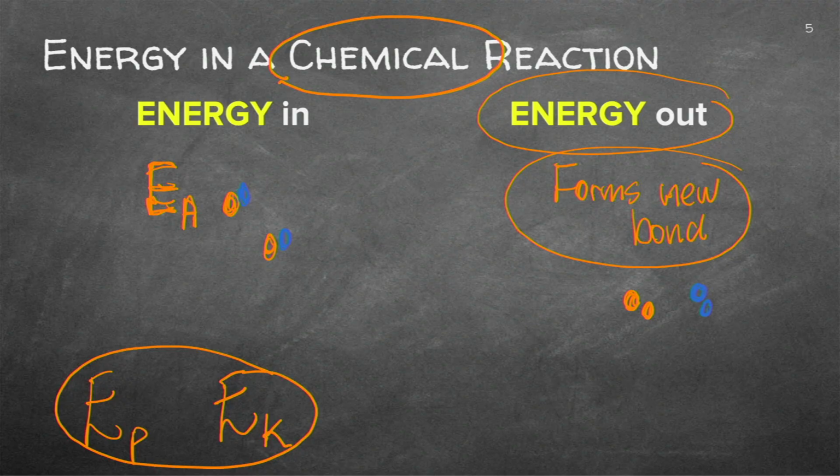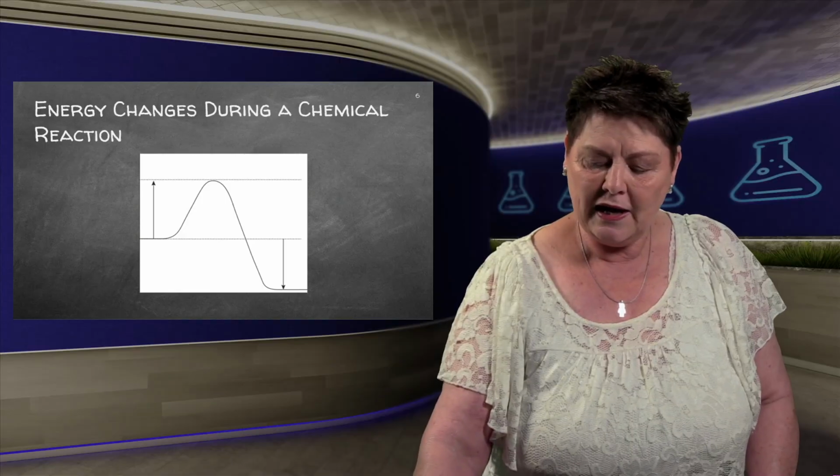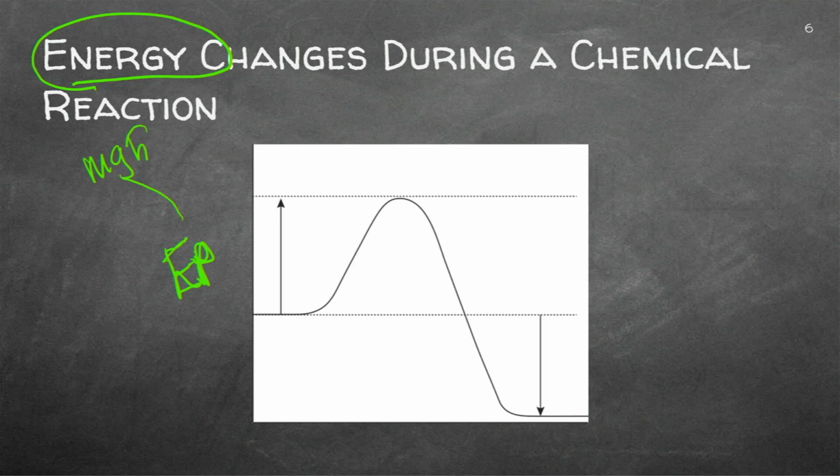So that's the product. Again, we've got a graph. We can do any graph if we know what's on the x and the y axis, and the y axis where we work with energy changes will be the potential energy. Potential energy, in my mind, remember we did mgh in physics, is usually the distance between, or it's a part of the distance.